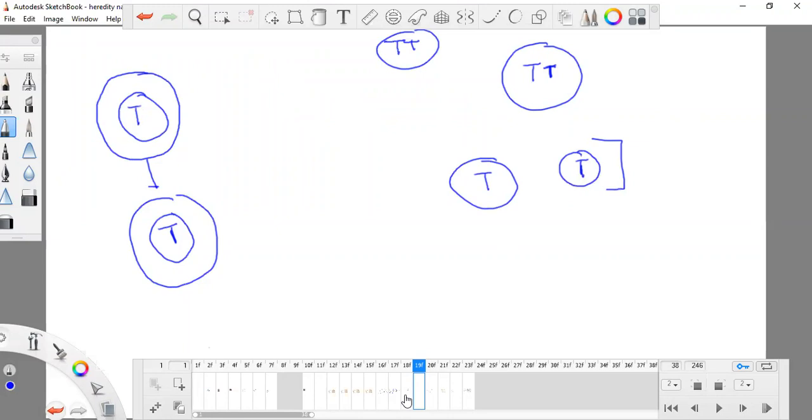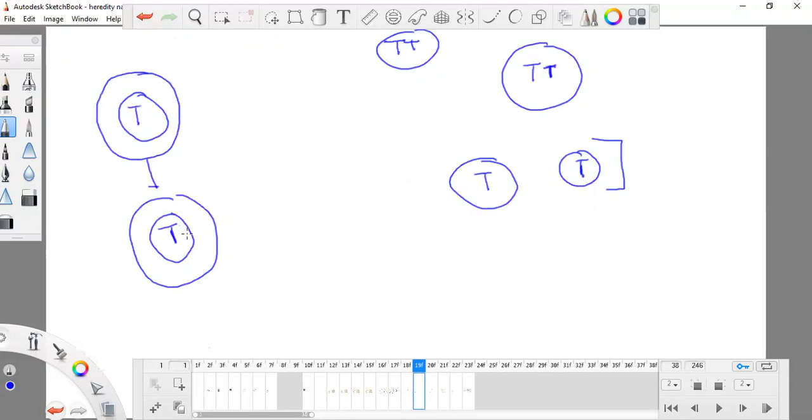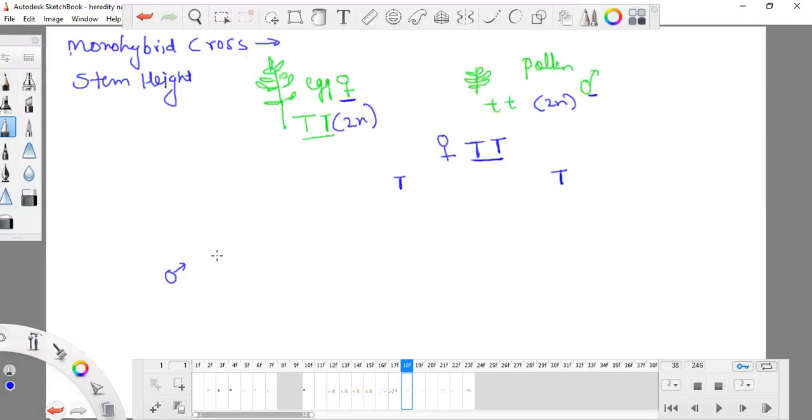That's why it is half the number. The mother will form two cells, and this TT will divide into this T. They will differentiate, so there will be half and half. Now the same thing the father will do: the TT will just make half copies, because that is a gamete, that is pollen, so it will form T.